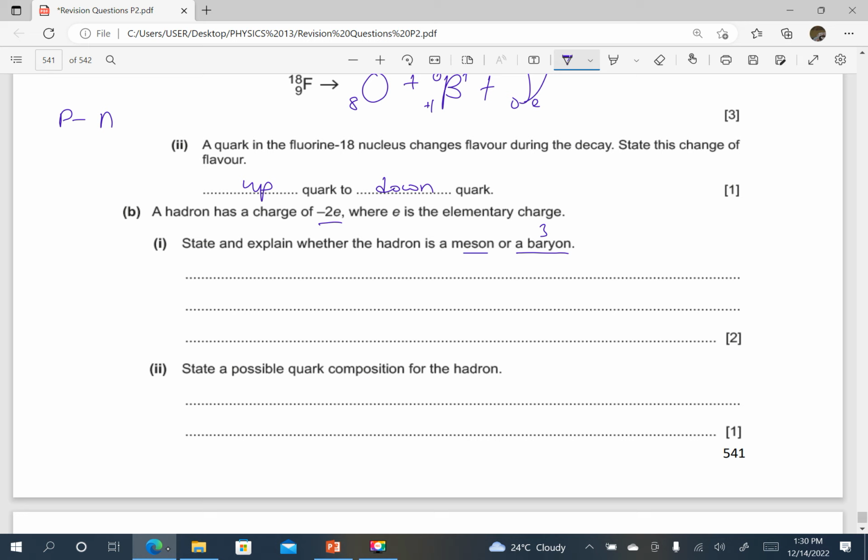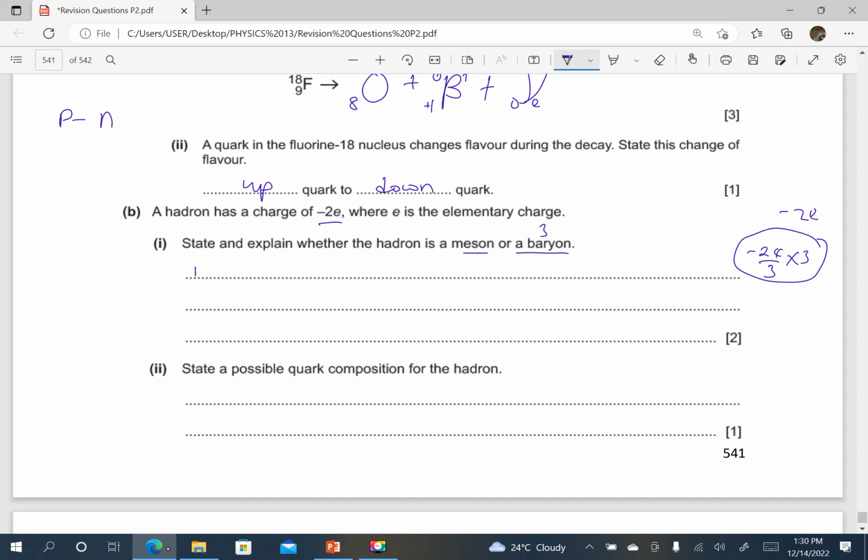It must be a baryon, because if we have 3 antiquarks, each having charge -2e over 3, when I multiply this by 3, that gives me -2e. Those are 3 antiquarks. If it is a meson, remember a meson must have a quark and an antiquark. The possible charges of a meson are 0, positive, or -1e, because it has a quark and an antiquark always.